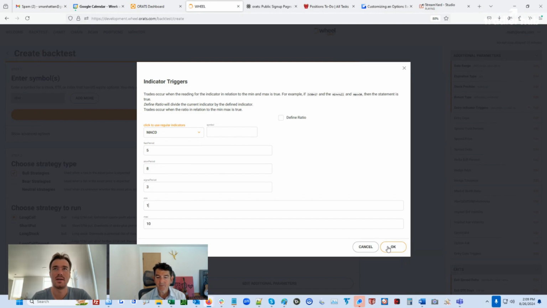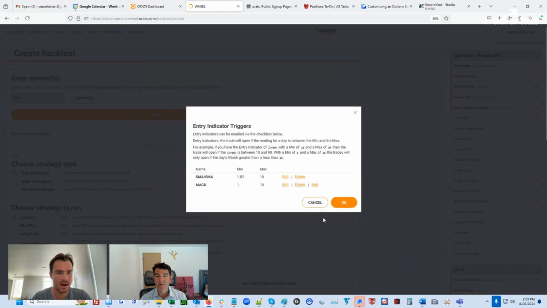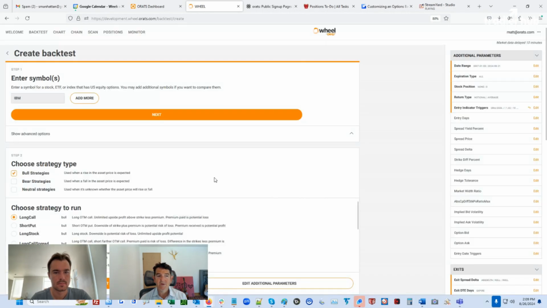And is this going to trigger when both of these are met at the same time or when either of them are met? Yeah, both of them have to be met in order for it to trigger. Okay. So again, you could use different ones to get in and get out, but you just have to make sure that you're not getting in and getting out the next day. So they have to be somewhat similar, or else you're going to be churning quite a bit.